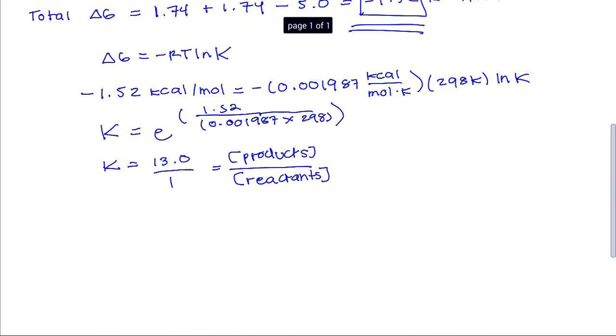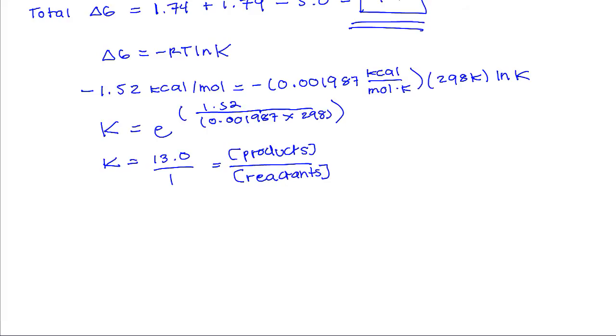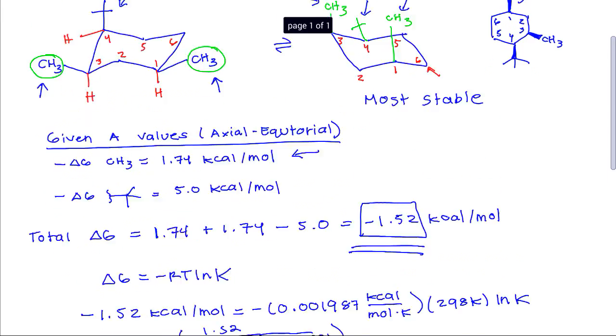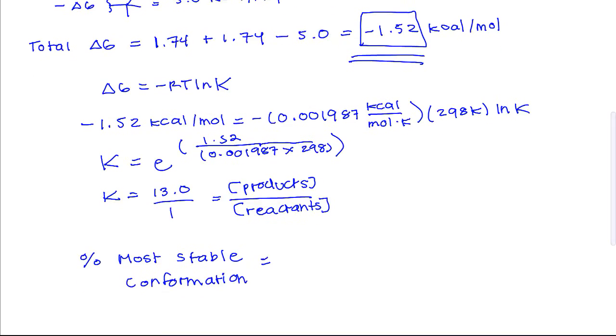Okay. Next thing, if we want to calculate the percent in the most stable conformation, we're always going to take the part over the whole. So in this case, our part, since we're talking about the products, our most stable conformation on the right, we want to take 13 divided by the whole.